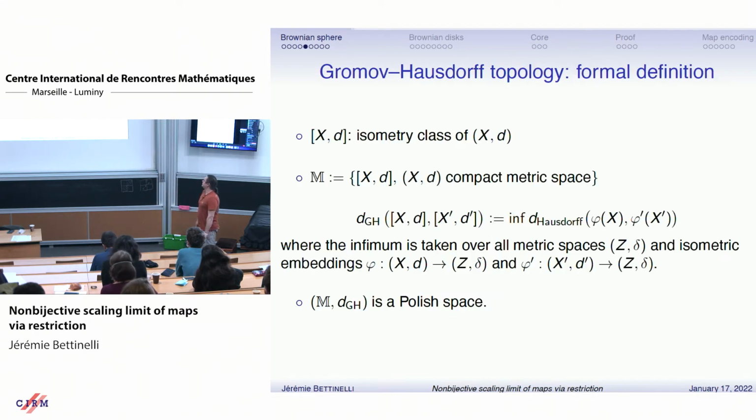So if you want to be a bit more formal, the Gromov-Hausdorff distance between these two compact sets X and X prime is: you take the infimum of the Hausdorff distance between the embeddings phi of X and phi prime of X prime, where I take the infimum over all possible embeddings into the same common metric space Z.